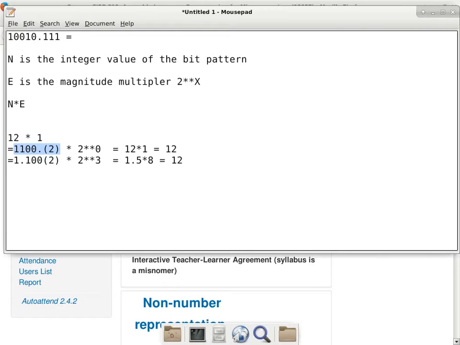This is not normalized because the binary point is not right next to the unit, the 1. This one is normalized. According to the IEEE standard, this 1 point is actually implied. The actual bits that are represented are these bits. That's why we want to normalize first, so that we know what the fractional part is supposed to be, and that becomes part of the actual binary representation.